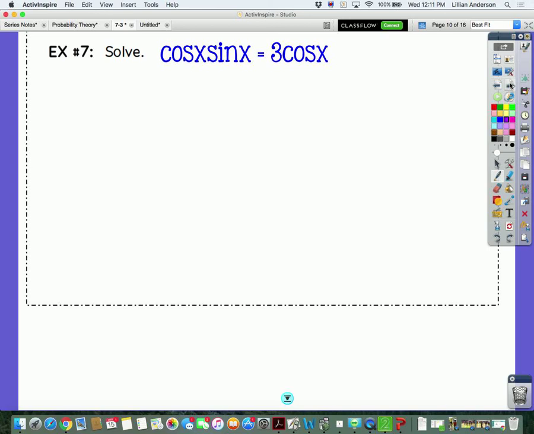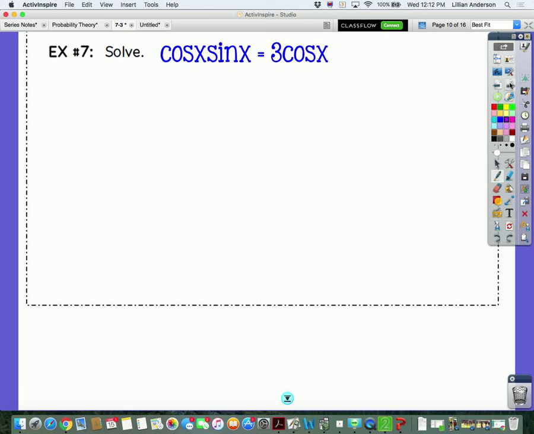You cannot divide both sides by a cosine x. You cannot, because when you do, you lose a set of answers that are correct to this equation. So do not divide both sides by cosine x. If it was the sine x over there, don't divide by sine x. If it's the same trig function on the left and the right, do not divide.